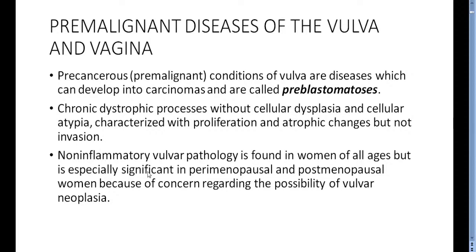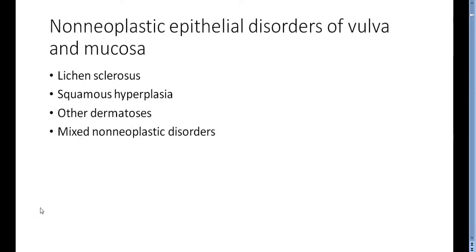Non-inflammatory vulvar pathology can be found in women of all ages, but is especially significant in women of perimenopausal age, before menopause and right after menopause, because of the concern regarding the possibility of real vulvar neoplasia.